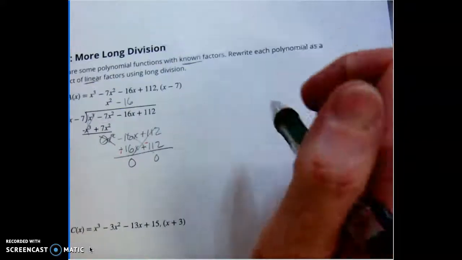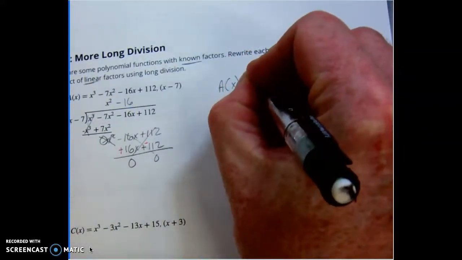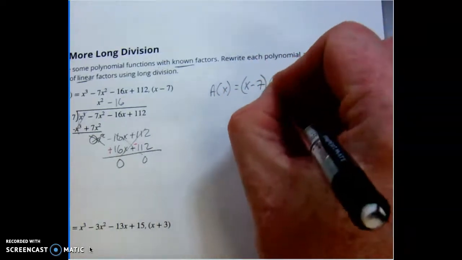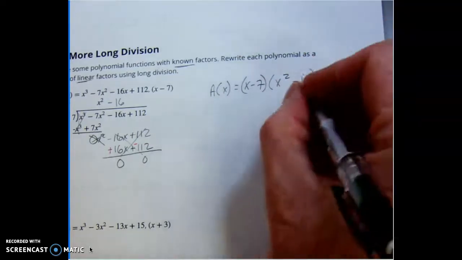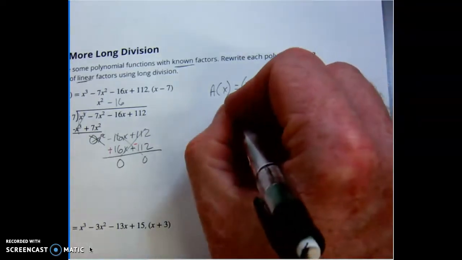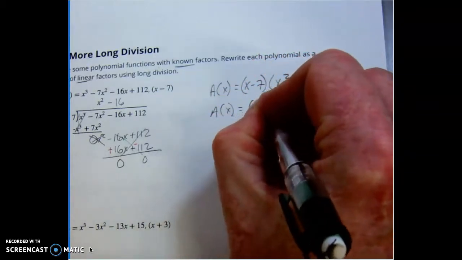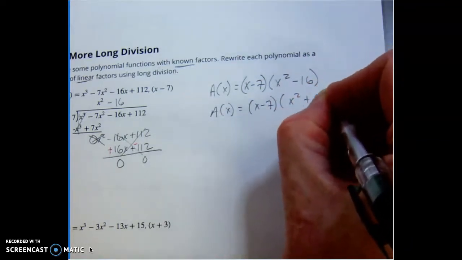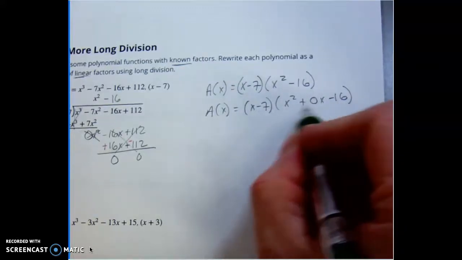So now we're down to a of x equals x minus 7 times x squared minus 16. I'm missing the x term there, so I could say a of x equals x minus 7 times x squared plus 0x minus 16. And I can factor that. We've been doing that for a while.